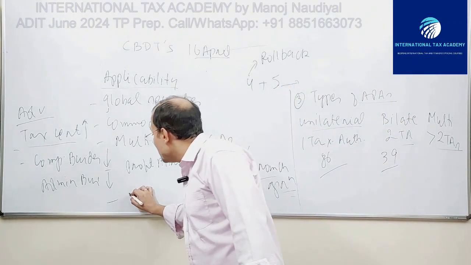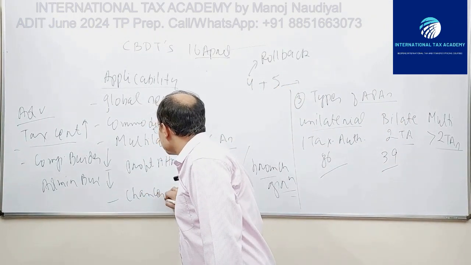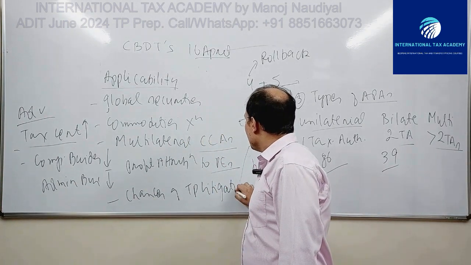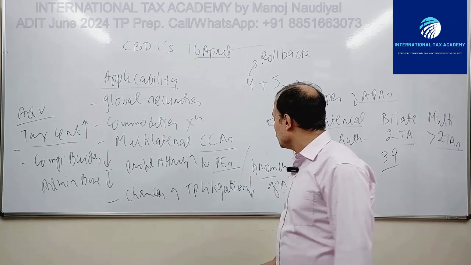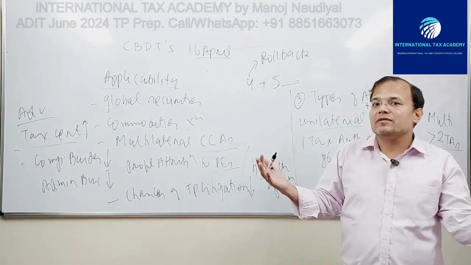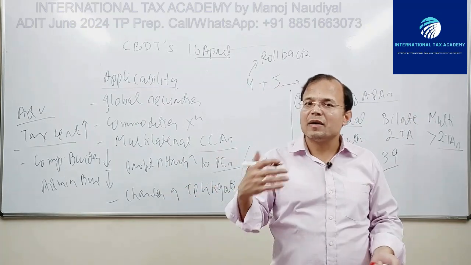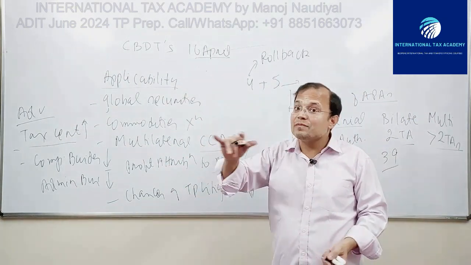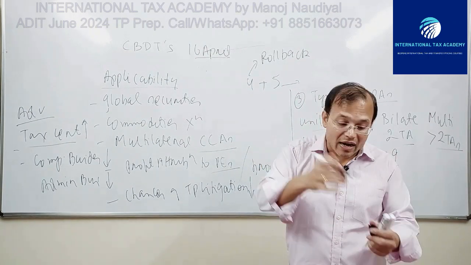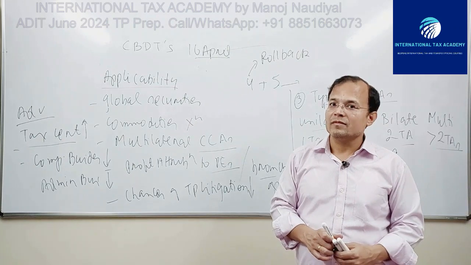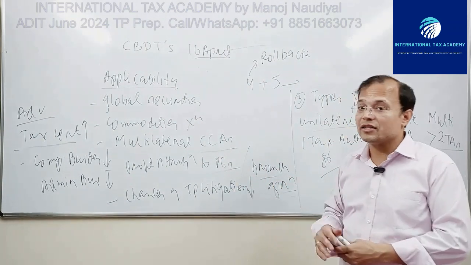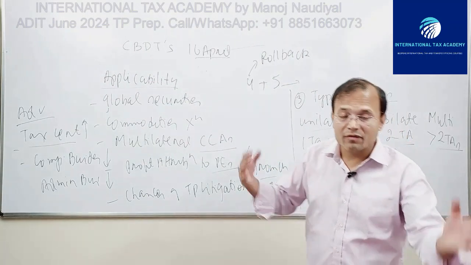So chances of TP litigation are reduced. It is an age old saying, prevention is better than cure. So APA is basically a preventive mechanism that avoids the arising of TP disputes, right? That is why the chances of TP litigation by APA are reduced to a very large extent.